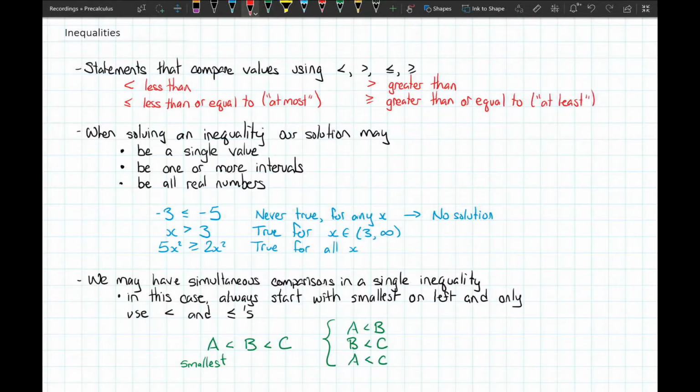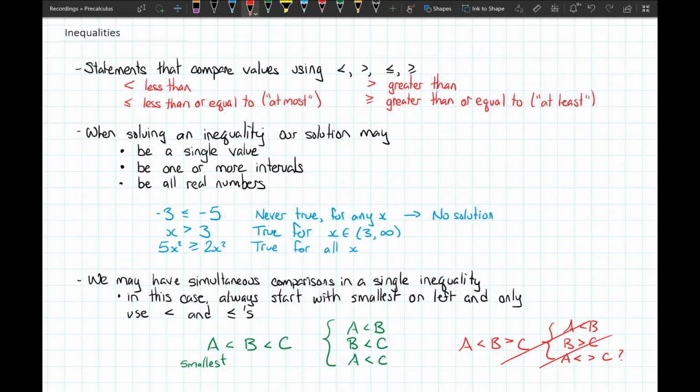And I can't be switching signs midway. A less than B greater than C: I'd be reading this as A less than B and B greater than C, but then I've got A with a less than and a greater than sign to C, and I can't really follow the logic there. So we really shouldn't ever do that.